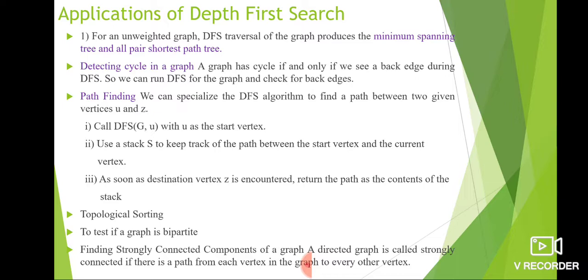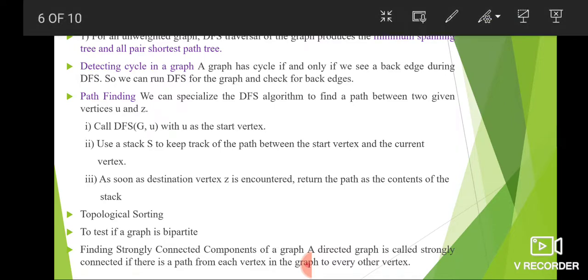And to solve topological sorting, to test whether the graph is bipartite or not, and to find the strongly connected components, you can use the depth first search traversal algorithm.